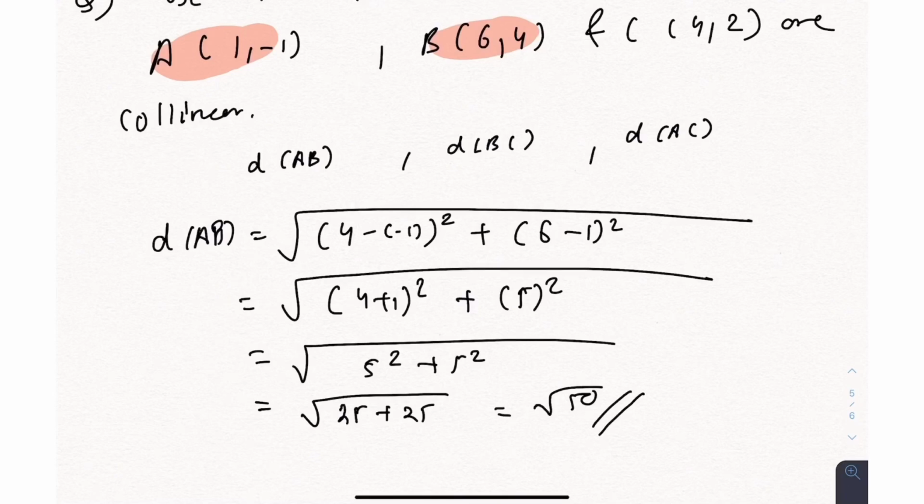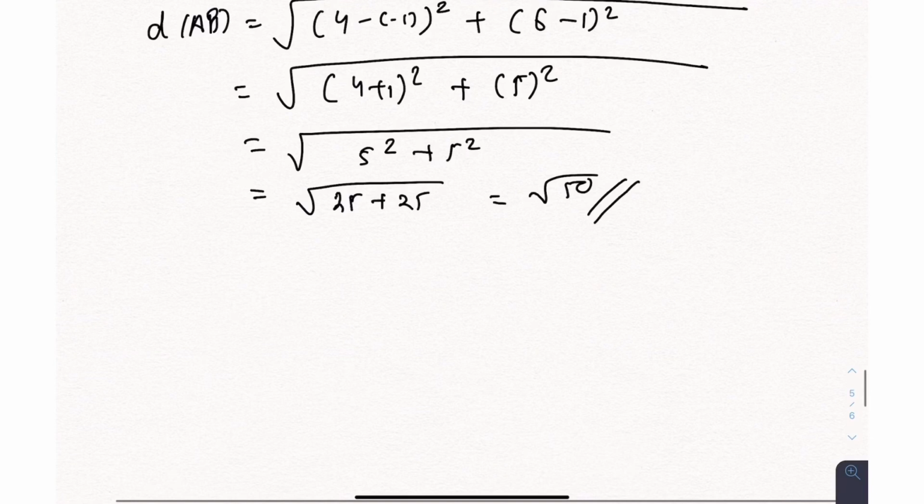Now again, I hope you guys have done rational and irrational numbers. Root 50 belongs to irrational numbers. But when we deal with irrational numbers, we have to give the answer in the simplest form. So for root 50, what we need to do is, if possible, write 50 as a product of two numbers in such a way that one number should be a complete square.